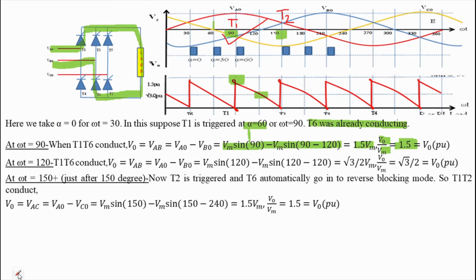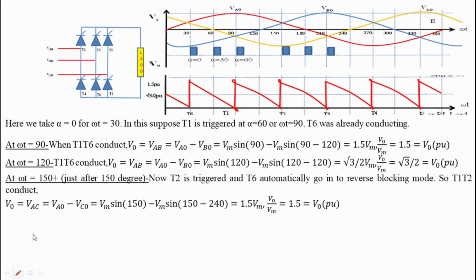Now here see carefully, when thyristor T2 was triggered at omega t is equal to 150 degree, so after 150 degree T1 and T2 will conduct. After 150 degree T1 and T2 will conduct, and before 150 degree T1 and T6 were conducting.